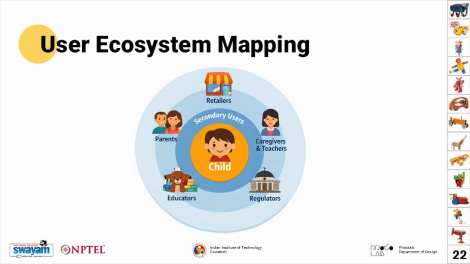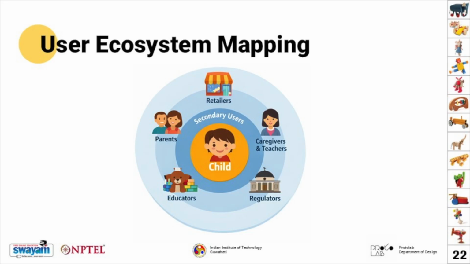One helpful way to think about users is as an ecosystem. At the center is the child, the principal user. The closest to them are secondary users: parents, caregivers, and teachers. Beyond that are tertiary users: retailers, educators, and regulators.